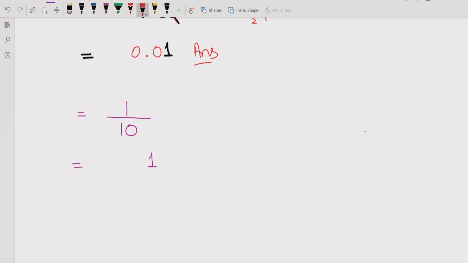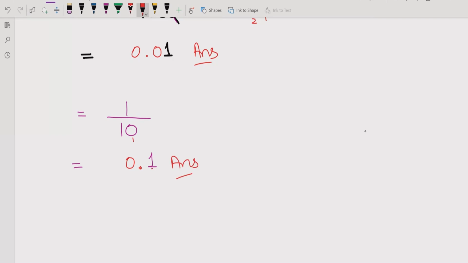Here we have one zero. So we write the decimal point after the 1, with one digit after the decimal, and the answer of this question is 0.1. So the correct answer is 0.1.